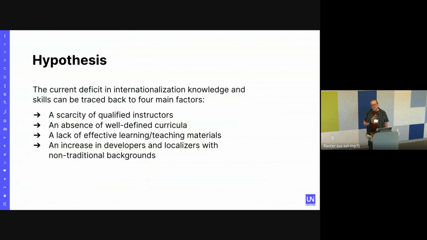Perhaps the biggest lack is that we lack an effective set of learning and teaching materials for teaching internationalization. And more recently, there's been an increase in developers and localizers who come to the field from non-traditional backgrounds. They don't come from computer science programs. They don't come from localization programs. So even if we could get those skills into computer science and localization programs, not everybody is coming from those.